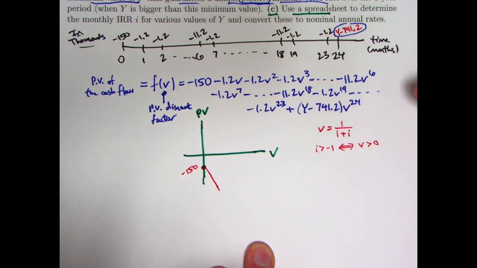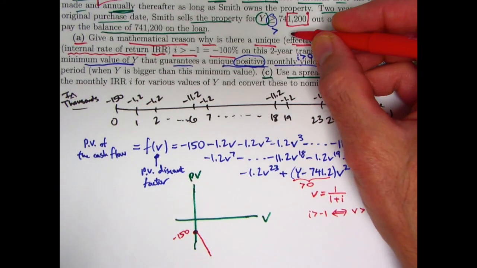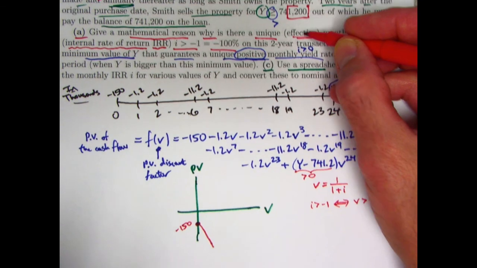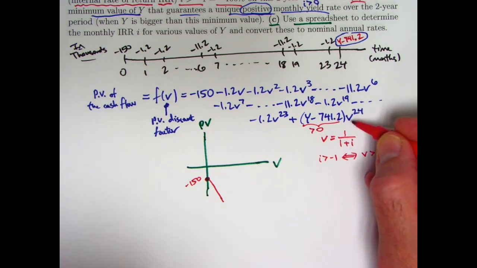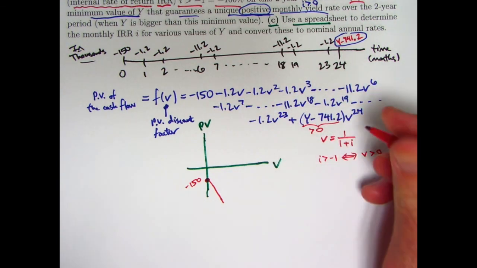Why? How do I know that? This quantity here is positive, and this is where my assumption that it's strictly bigger than 741.2000 is handy. This coefficient of V to the 24th, the highest power of V, is positive. All the coefficients of the other things are negative. Doesn't matter.